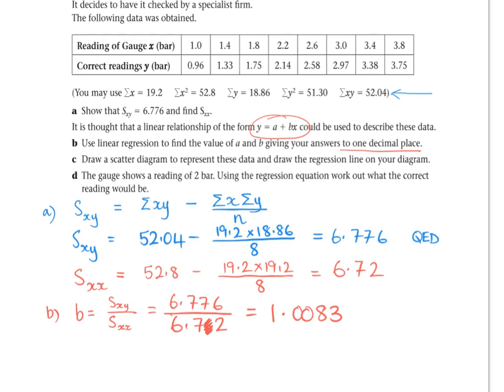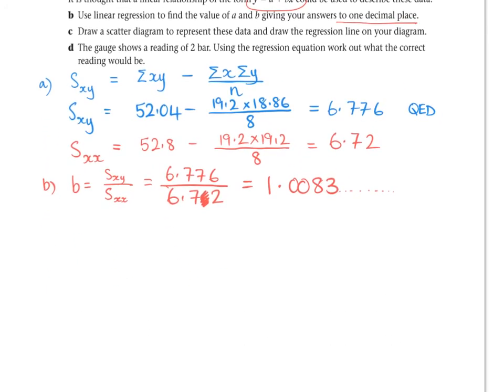Don't know where the 6 came in, just a copying error. So it's 1.0083, and put your full calculator display down there, that's great. So that's our b value.